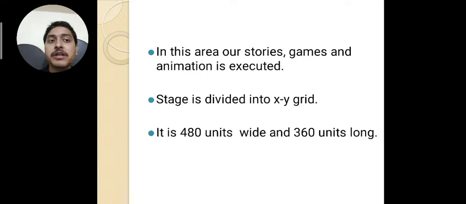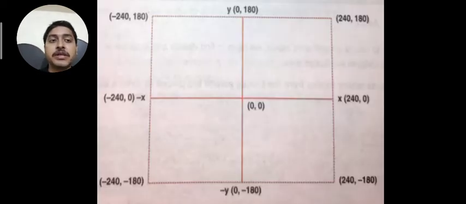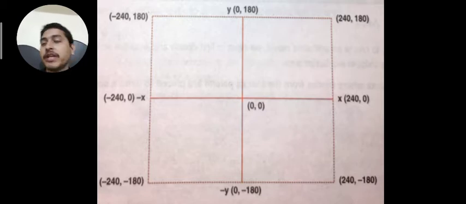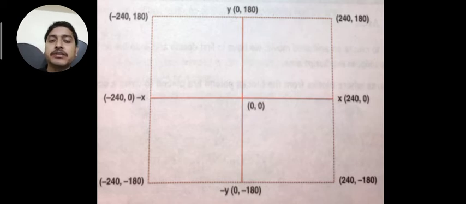Stage is divided into an XY grid, means it is placed on XY coordinates. It is 480 units wide and 360 units long. Just see this next figure. The sprite is placed on the 0, 0 location, and from the 0, 0 location we can move 240 units to the left and 240 units to the right. 240 left, 240 right, adding it creates 480.